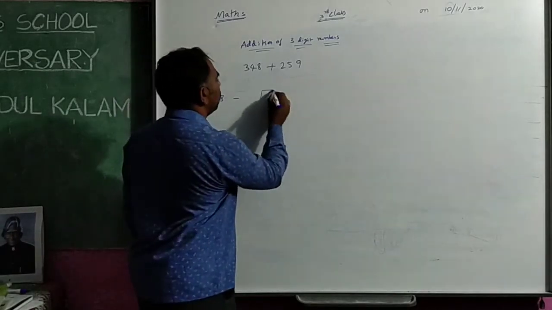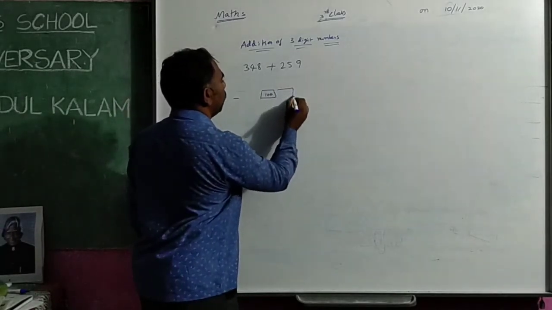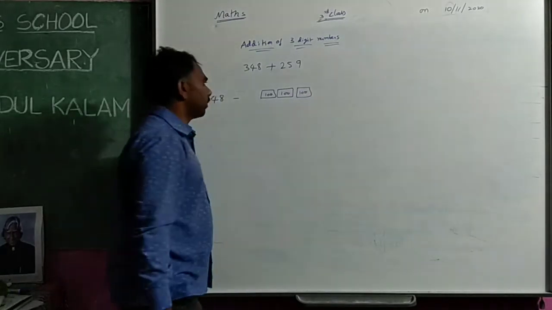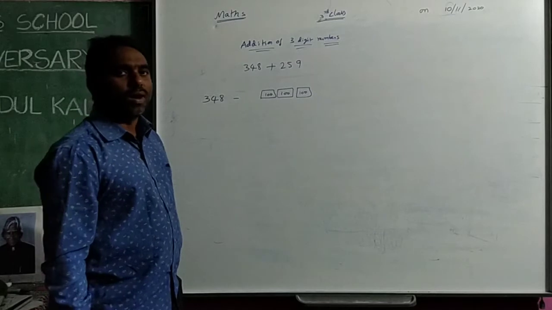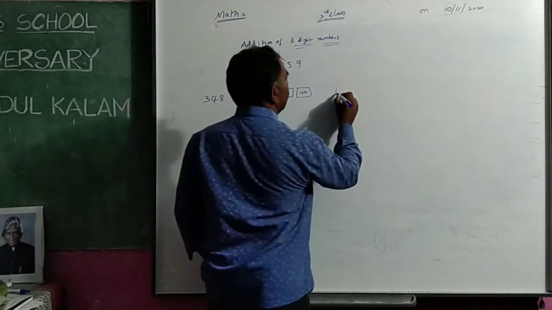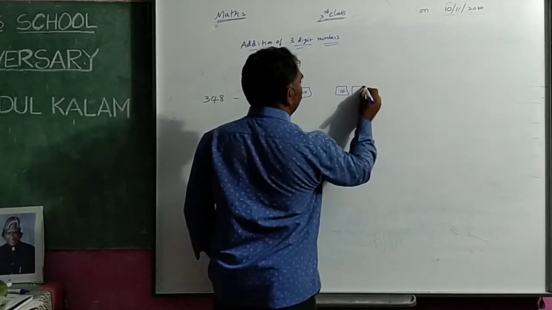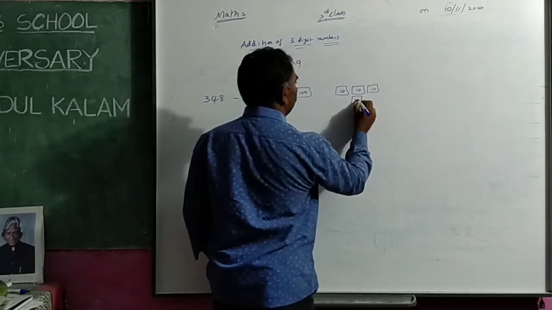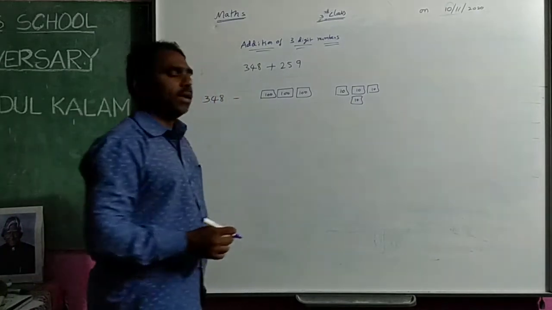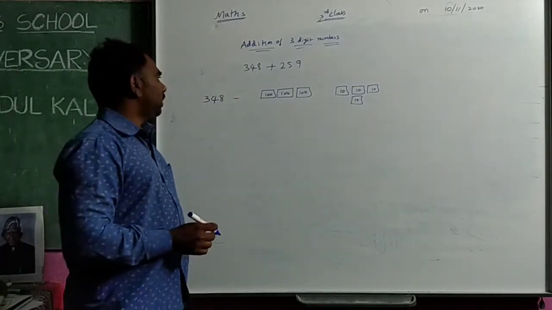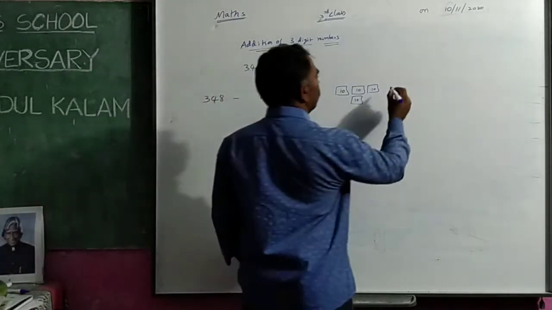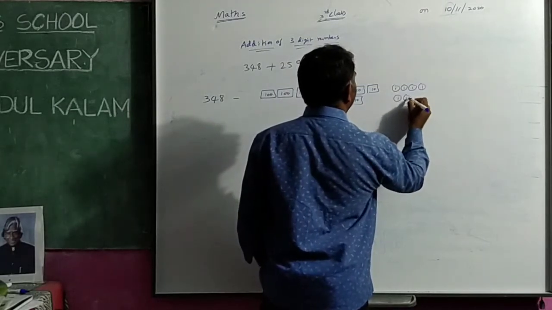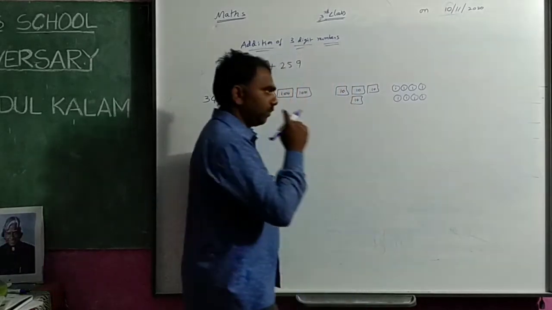So means 100 note, one more 100 note and one more, 300. 40. 40 means 4 tens. 10 rupees notes are 4. 1, 2, 3, 4. And 8. 8 means 1 rupee coins are 8. 1, 2, 3, 4, 5, 6, 7, 8.